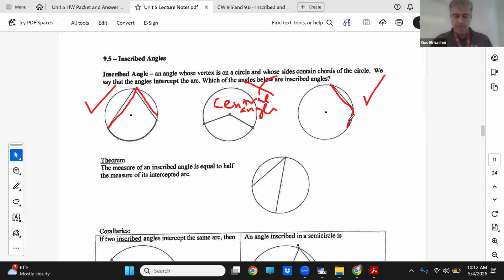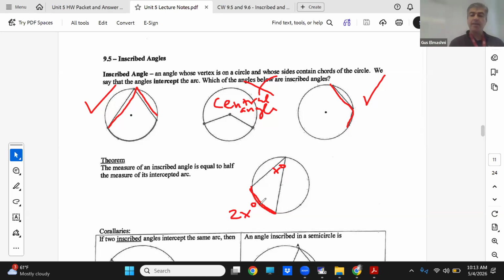The other thing we want to keep in mind is that whatever the angle is, if this is x degrees, then the arc is 2x degrees. So it's always half. The inscribed angle is always half of the arc it intercepts, or the arc is always double the angle.